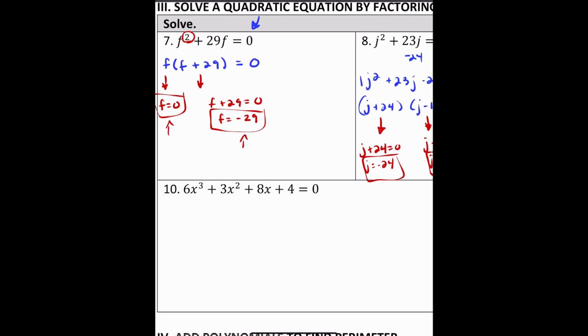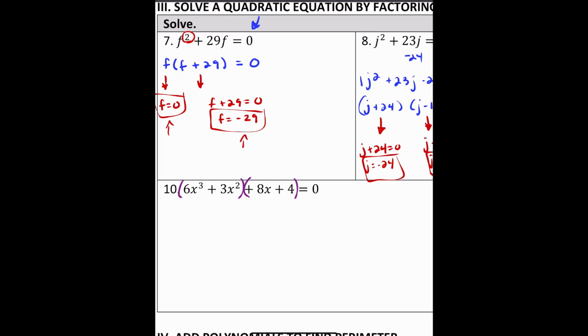notice that we have 4 terms. So what we're going to do is factor by grouping. We're going to put parentheses around the first 2 terms and then parentheses around the last 2 terms. Now, what we want to do is figure out the GCF between these 2 parentheses.